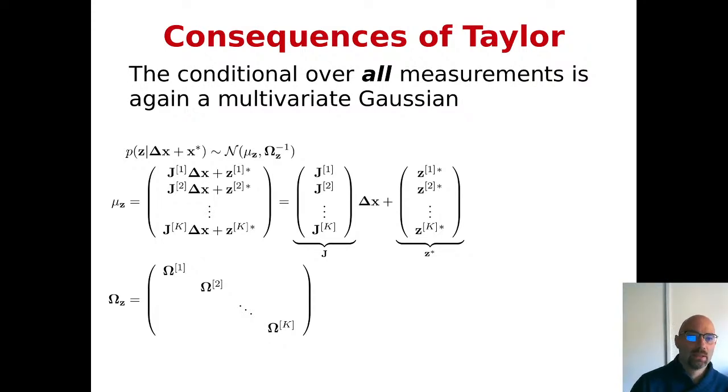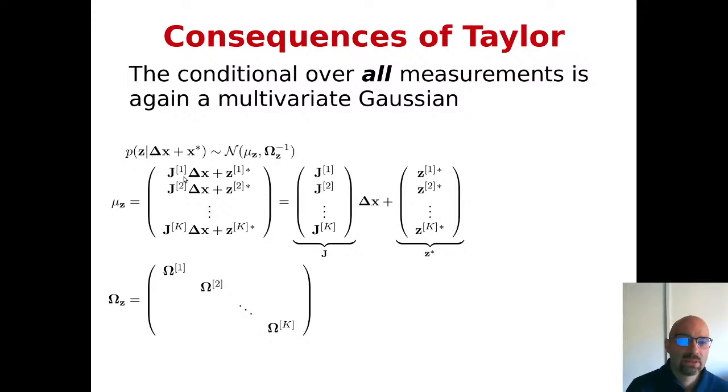So the mean of this total distribution Z, which I recall is the vector formed by all measurements, will have dimension of a measurement times k, where k is the number of measurements, and will have a first component which is equal to the... I'm talking about the mean of this object.